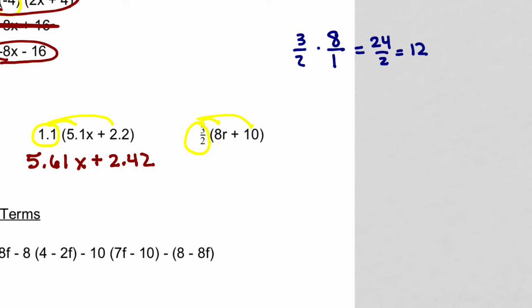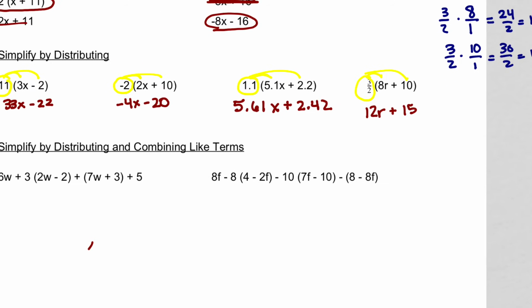Okay, so my first term is 12r. And now I have a positive times a positive, so I know I'm going to have a positive there. And let's take my 3 halves times 10, straight across.